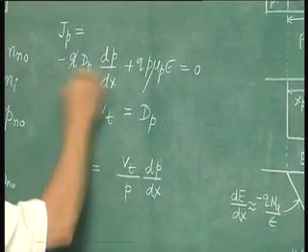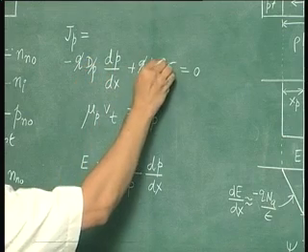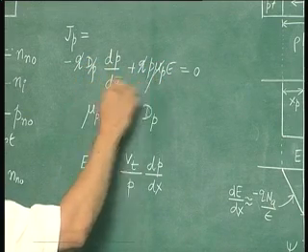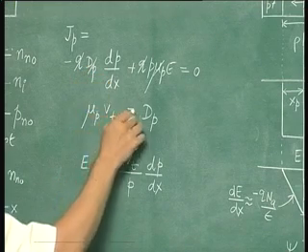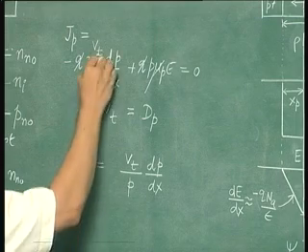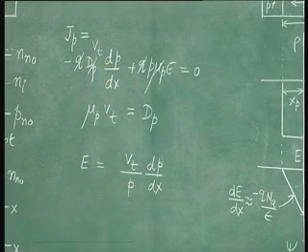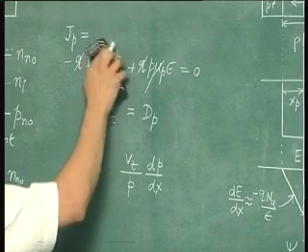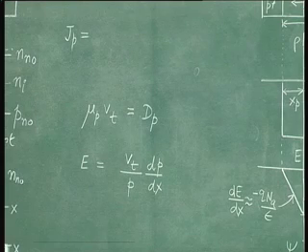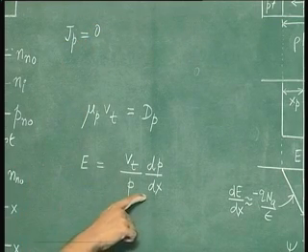So the q is cancelling here, and you can cancel Dp with mu p, and you can write Dp as mu p times Vt. So here you will be left with Vt when you cancel. That is how Vt into dp by dx is coming here, and then you have p, so that comes in the denominator. So Jp equal to 0 translates to this particular equation.